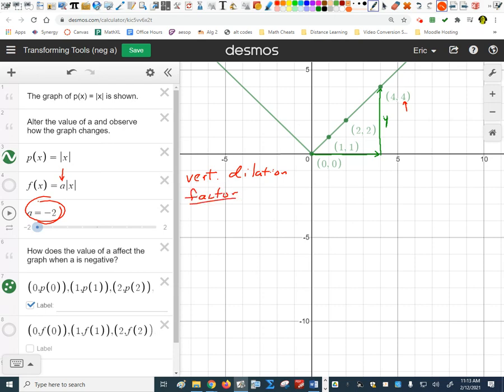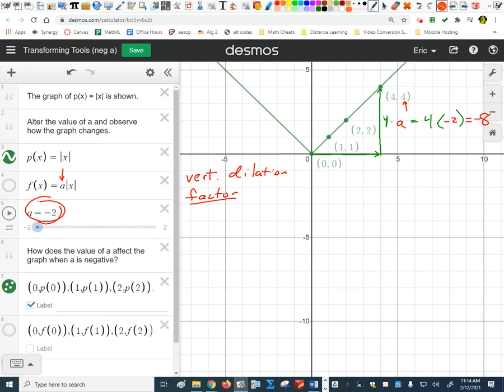In math, a factor is something that we multiply, right? So I'm going to take my normal parent height and multiply that by a. Well, what's a? That's the same thing as saying 4 times -2. 4 times -2 is -8, right?